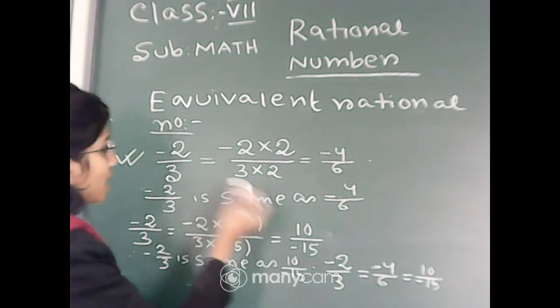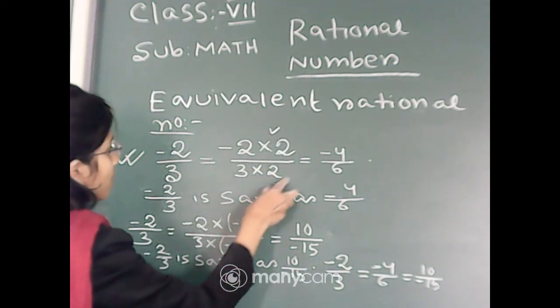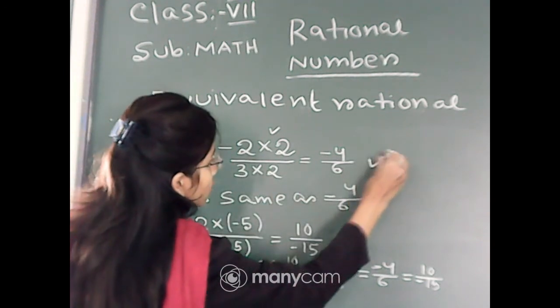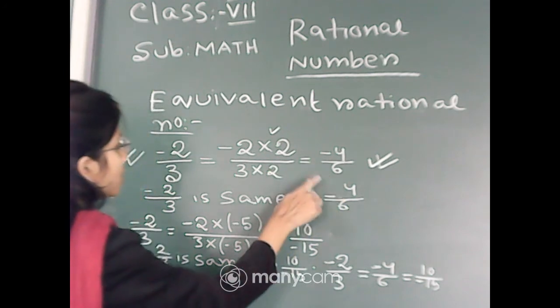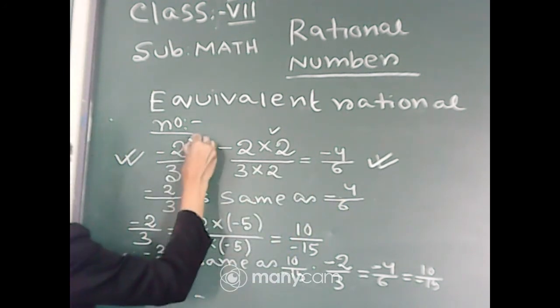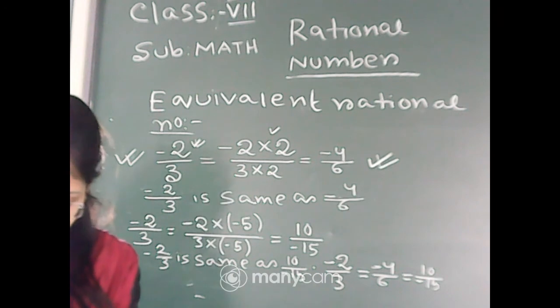By multiplying the numerator and the denominator by the same non-zero integer, we obtain another rational number, that is minus 4 divided by 6, which is equivalent to the given rational number minus 2 divided by 3. Okay, clear? Up to this portion, any problem?